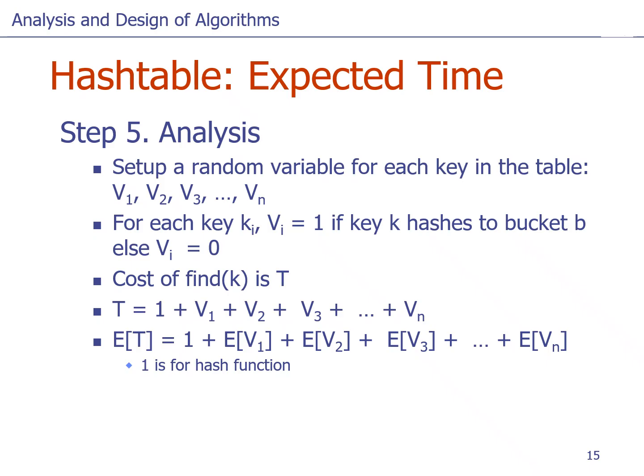Probabilistically, to answer this question, we are asking what's the probability for every one of our keys in this hash table to fall in bucket number 3. If it does fall in bucket number 3, I'm going to say that v sub i, the random variable associated with it, is equal to 1. If it doesn't, it's going to be 0.